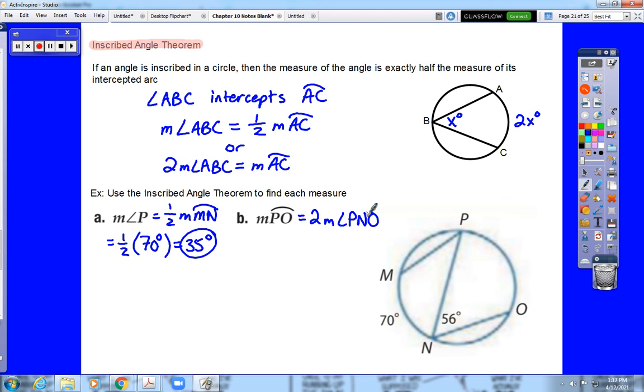Correct? So we need to take the measure of PNO and multiply it by 2. What's the measure of PNO? 56 degrees. So 2 times 56, or 112 degrees, is the answer for the second half of the problem. Not real difficult, yeah? Pretty simple idea.